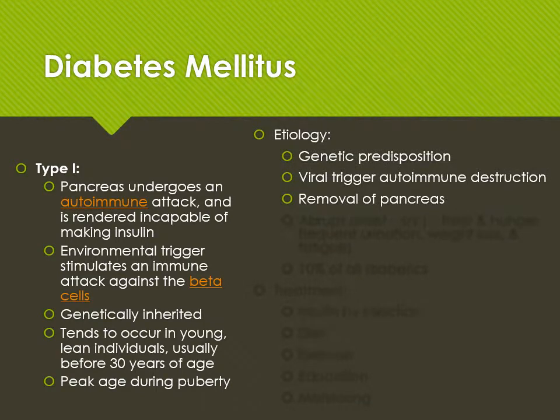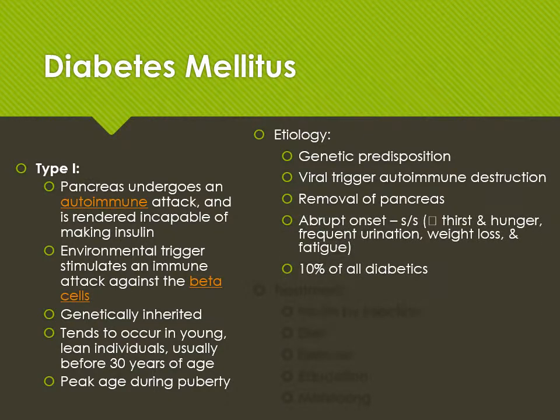So we discussed the etiology that it could be a genetic predisposition. It could also be caused from a viral trigger that causes the autoimmune destruction. It could also be because of removal of the pancreas. And then abrupt onset will display signs and symptoms of thirst and hunger and frequent urination, weight loss, and fatigue.